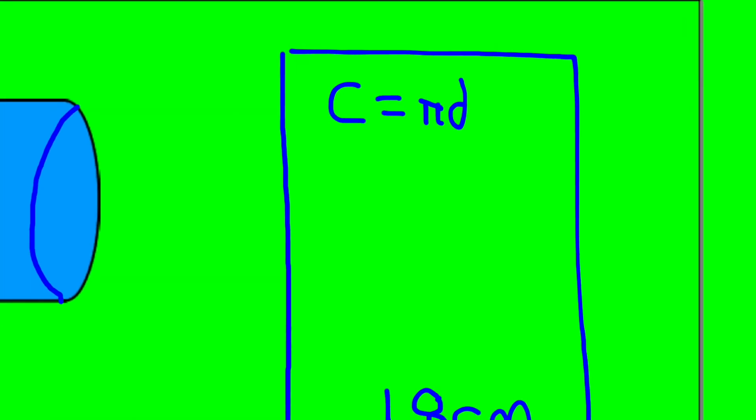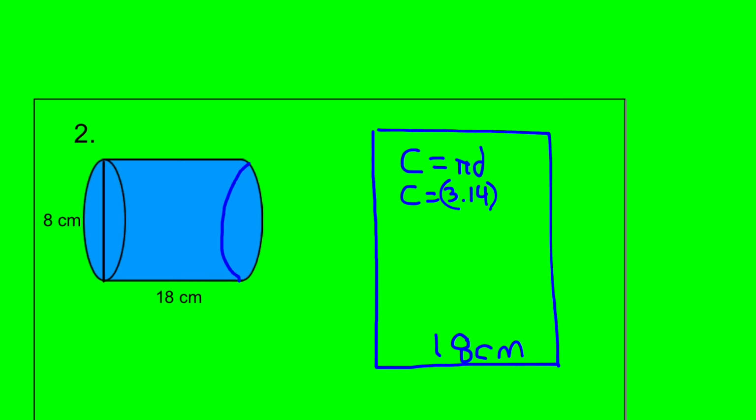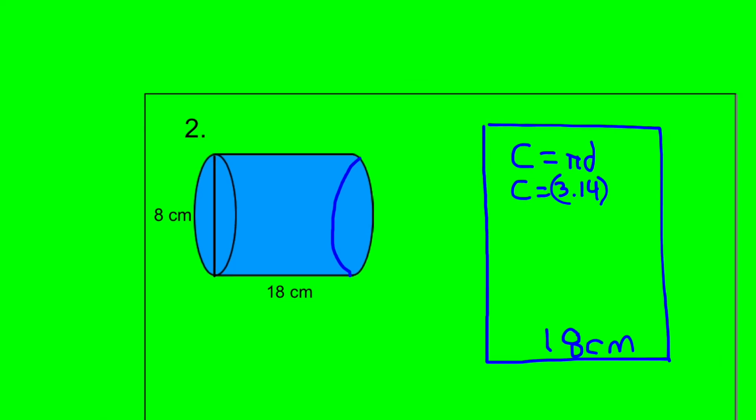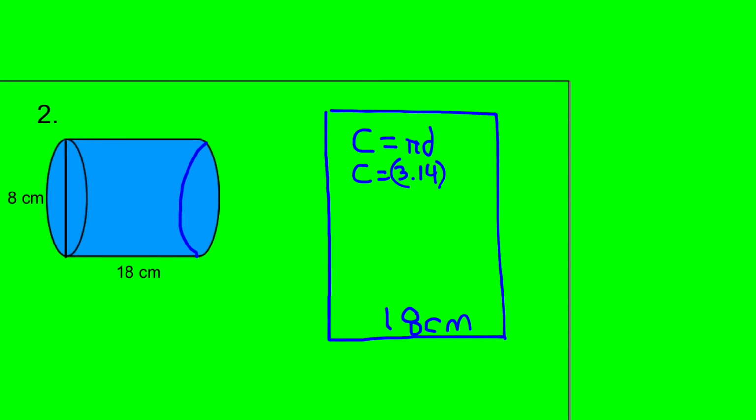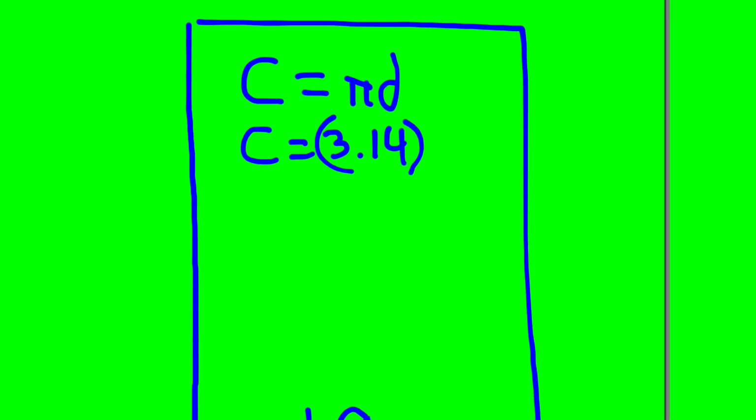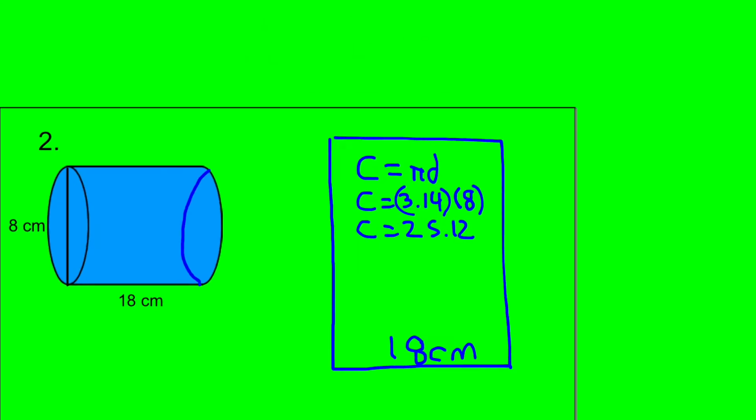And I'm going to substitute in my values. C equals 3.14 multiplied by the diameter of the circular part. Well, we can see in this one, the diameter of the circular part is 8. So 3.14 multiplied by 8. You do that calculation, 3.14 times 8, and you get that the circumference of the circle is 25.12, and we're talking centimeters.